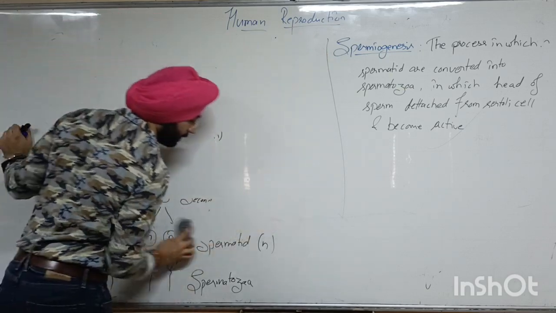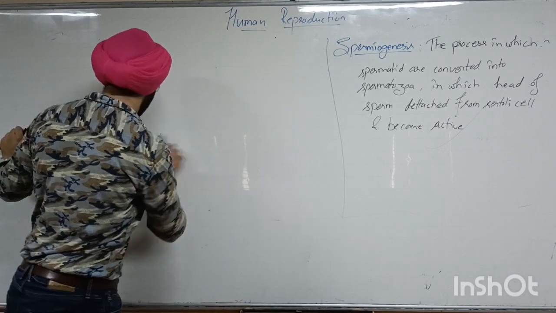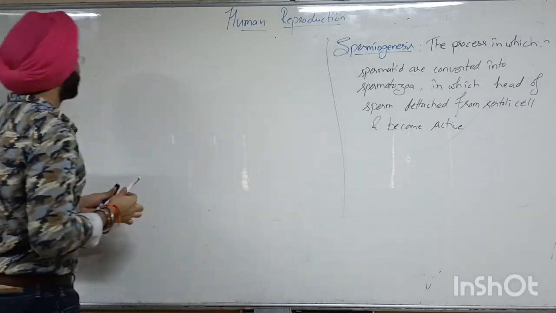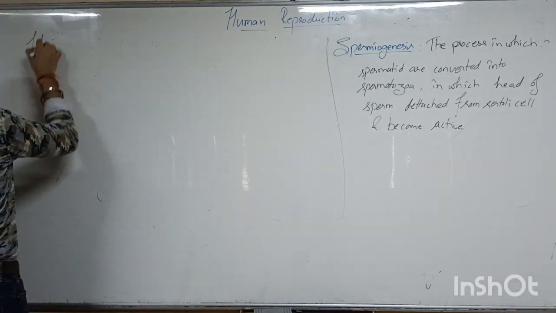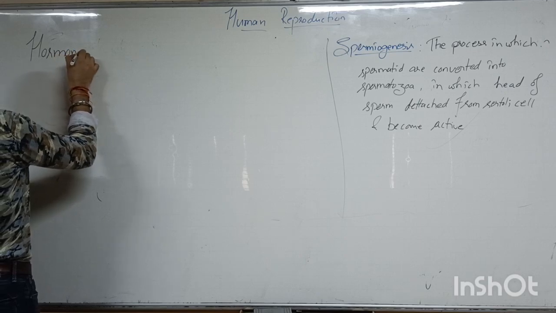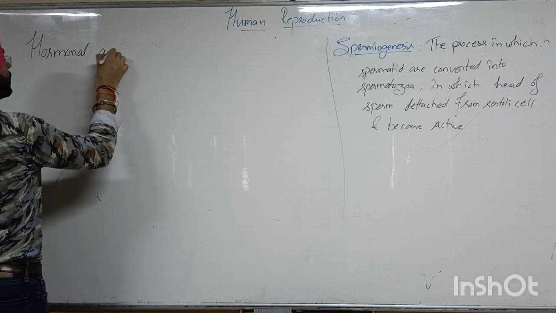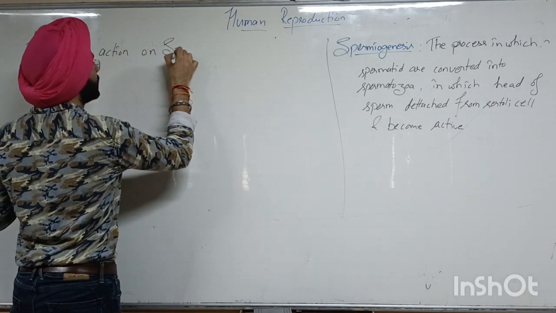You can write the heading: hormonal action on spermatogenesis.